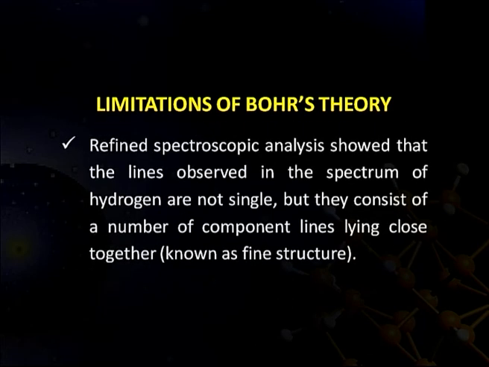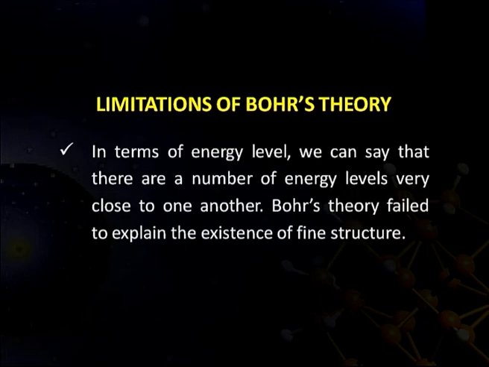Refined spectroscopic analysis showed that the lines observed in the spectrum of hydrogen are not single, but consist of a number of component lines lying close together, known as fine structure. In terms of energy levels, there are a number of energy levels very close to one another.